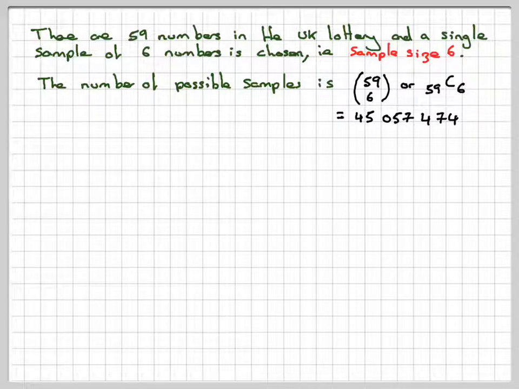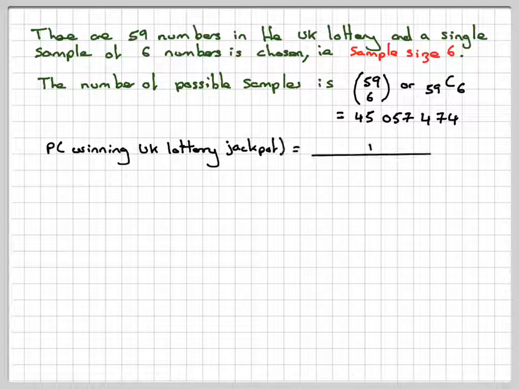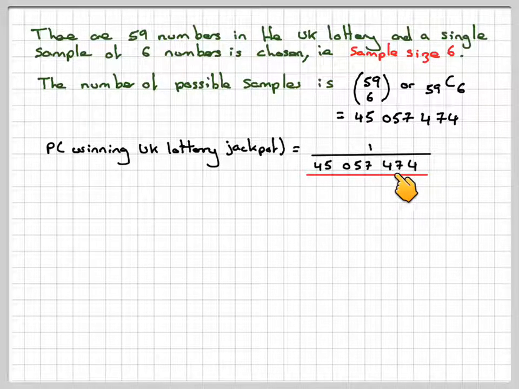Only one of those samples is going to be the winning one. Therefore, the probability of winning the UK lottery jackpot is 1 over 45,057,474. Therefore, you can wonder why you never win.